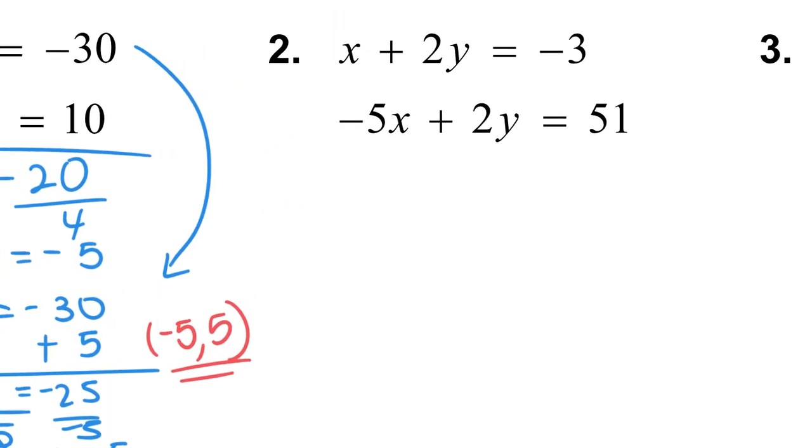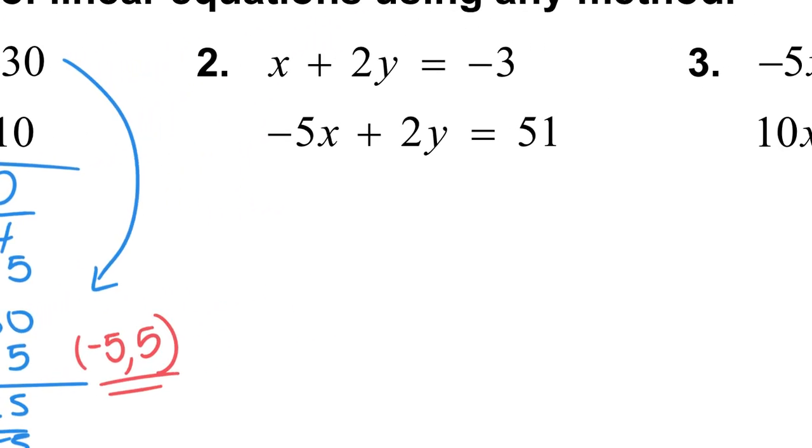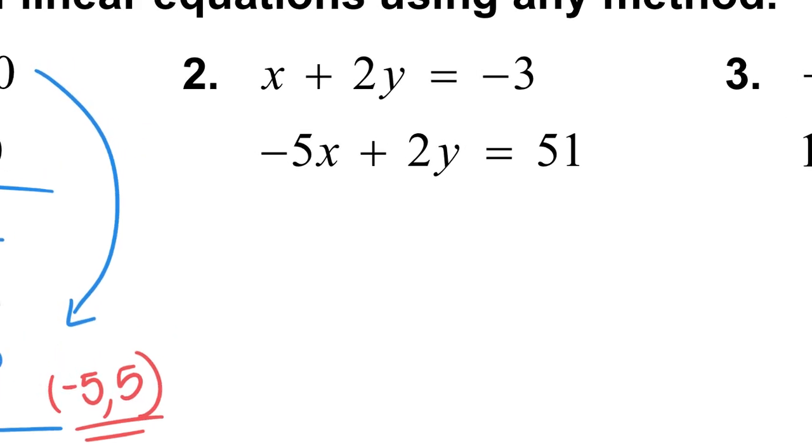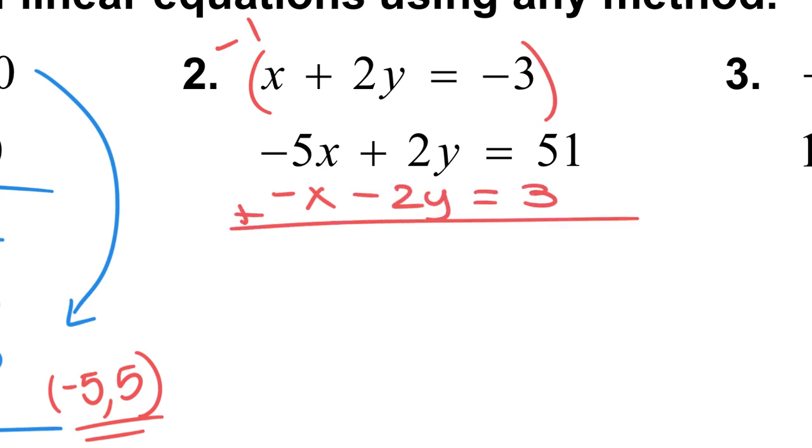In number 2, you also could decide between substitution or elimination. I will use elimination here just because I could see that the 2y are both positive, but I could turn one into a negative so it just could cancel out. So I'm going to multiply my first equation times negative 1 to give me negative x minus 2y equals positive 3. If I add all this, I will have this canceled out and be left with negative 6x equals 54, divided by negative 6.